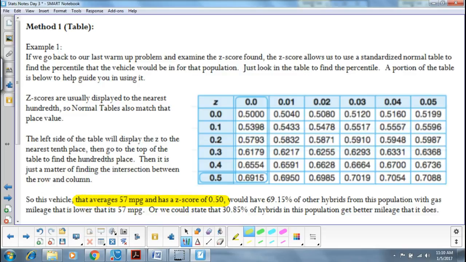So what that's going to do then is, first off, the left column is for the tenths. Okay? So the left column is for the tenths, and then you go across, once you get there, for the hundredths.